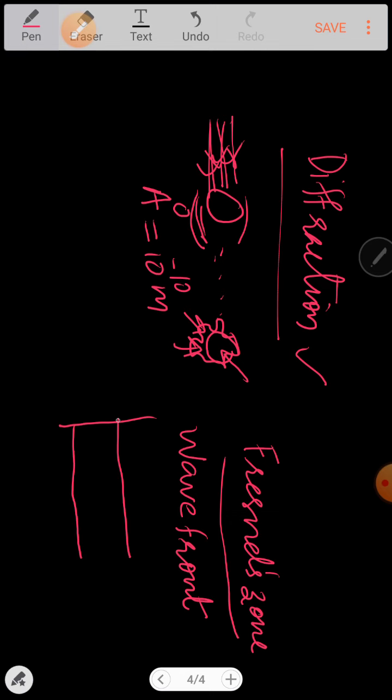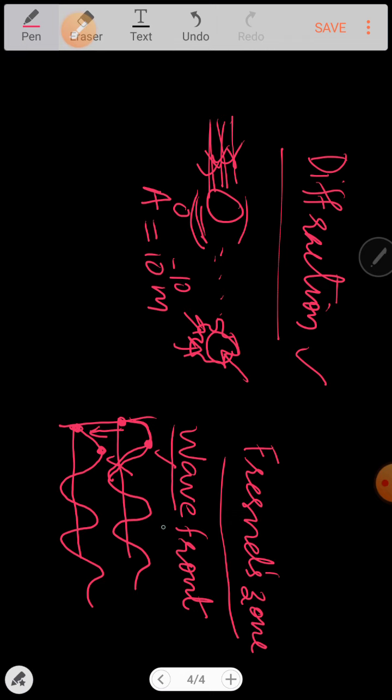By same state of vibration, what we mean is, suppose we have a wave like this, and another wave, and here is the point at which the displacement is maximum, and here the displacement is maximum, and we say these 2 points have the same state of vibration. Here it is the lowest point, lowest vibration, and here it is also the lowest vibration. That is, these 2 points have the same state of vibration, and the collection of points having the same state of vibration is known as a wavefront.